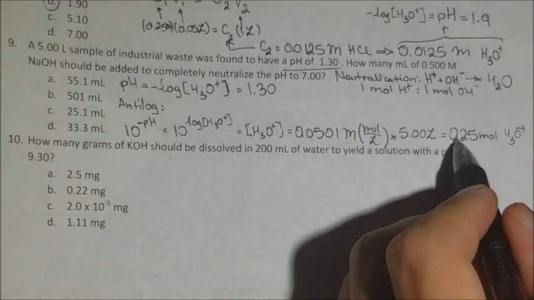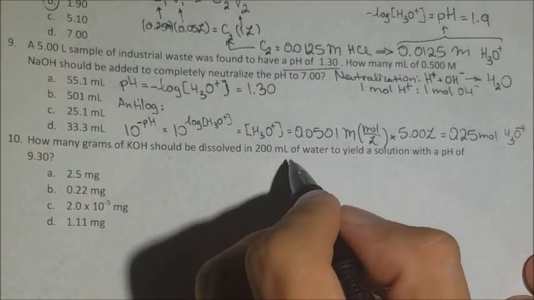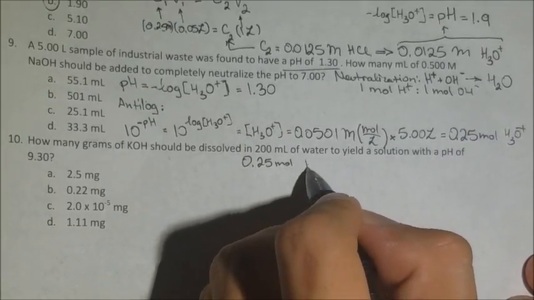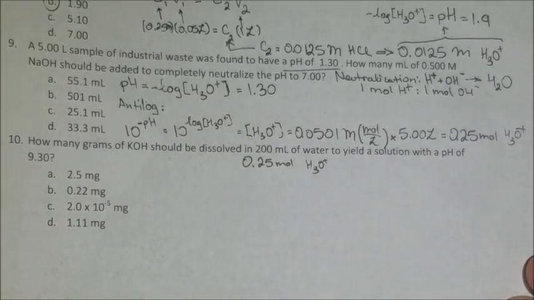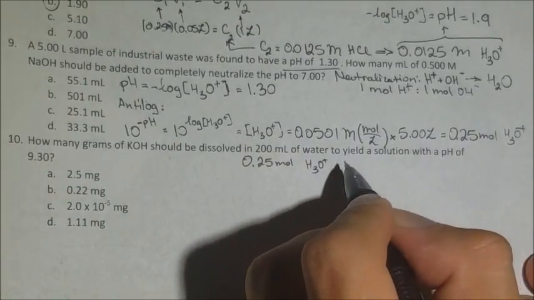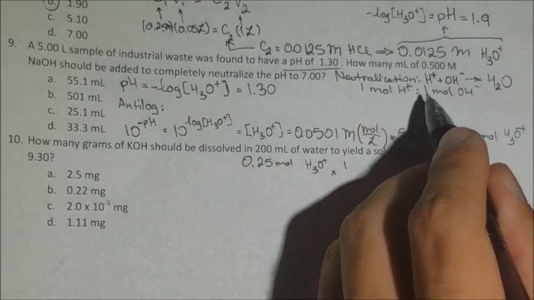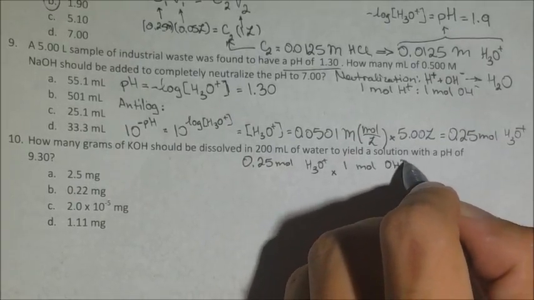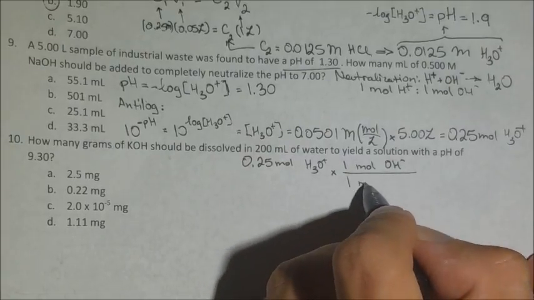When we're saying we have 0.25 moles of H3O plus, and we want to neutralize it with hydroxide, from this reaction we know that it's a 1-to-1 mole ratio of hydroxides to hydroniums.